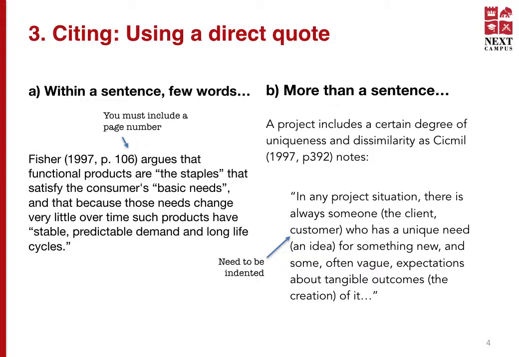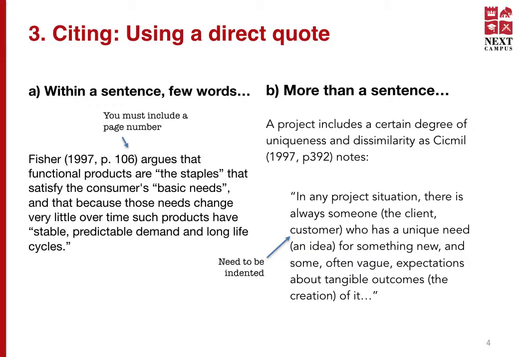Now this person has taken an entire quote from SysMill. Because of that, you need to push the paragraph onto the right hand side and it needs to be indented. So these are the two ways of directly quoting what others have said in your text.